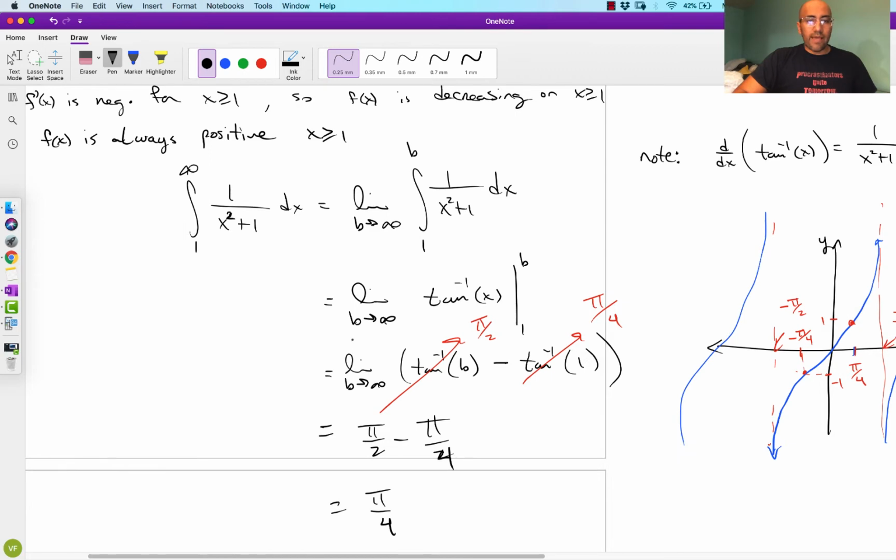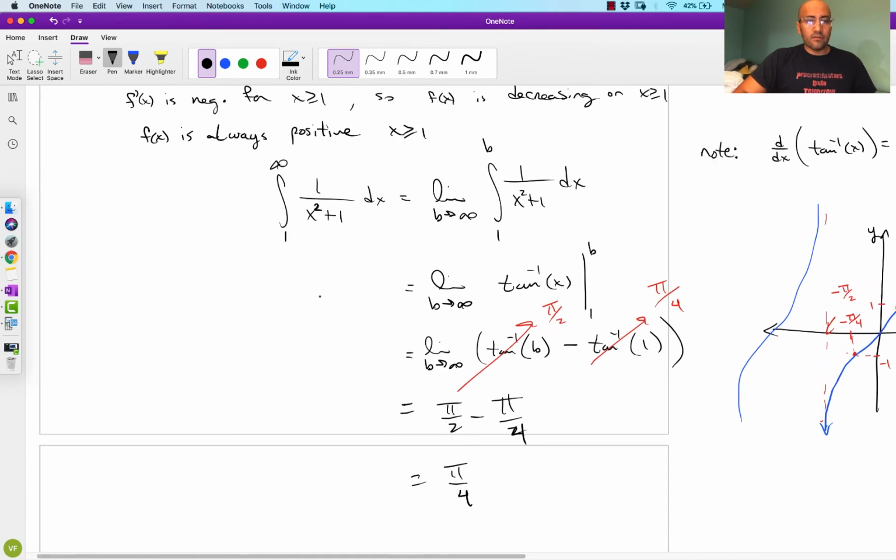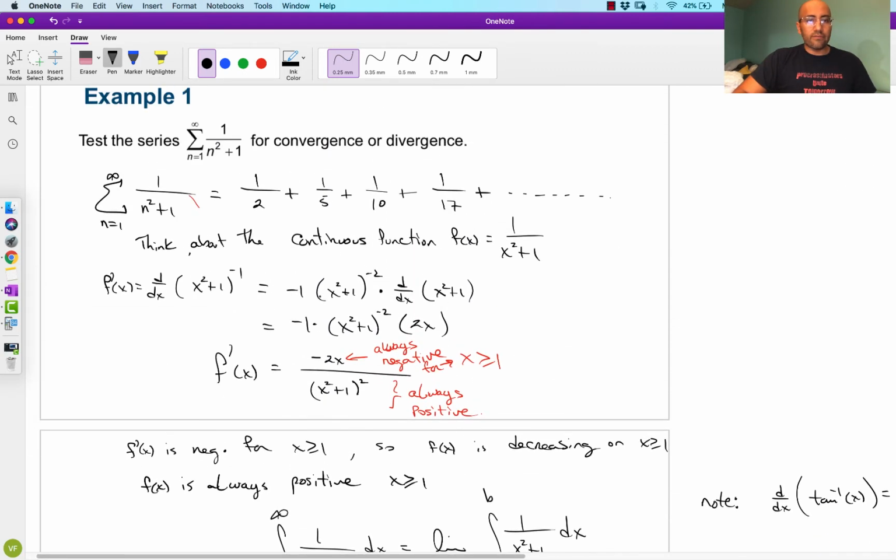Back to our question then. We were originally trying to figure this out. This series is associated with this continuous function. We established this function is continuous.